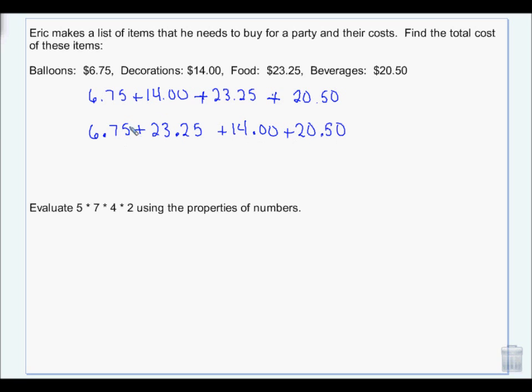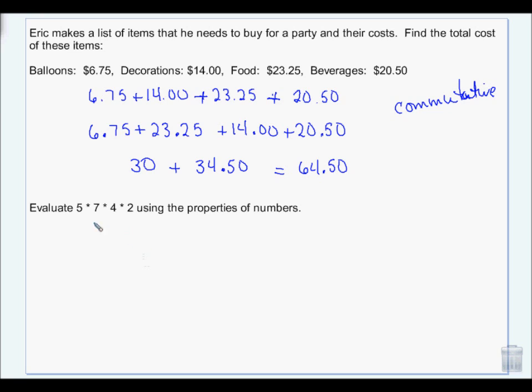I can go 75 and 25 is $1, and then 6 and 23 is 29, plus that dollar gives me 30, and then 14 plus 20.50 is 34.50, so that's 64.50. So I used the commutative property to change the order of the numbers, to put numbers that I could add together more quickly in my head together.